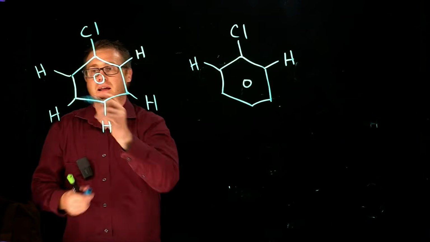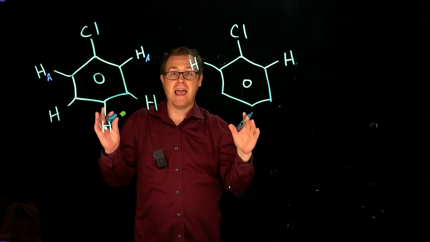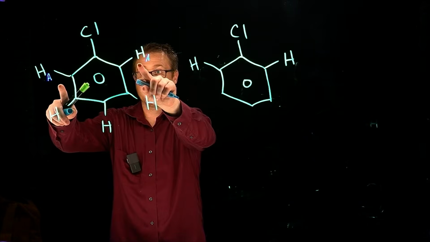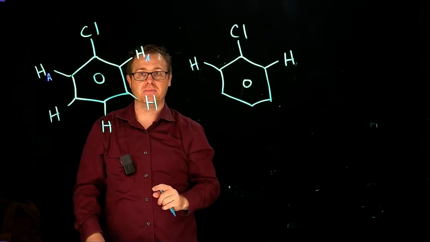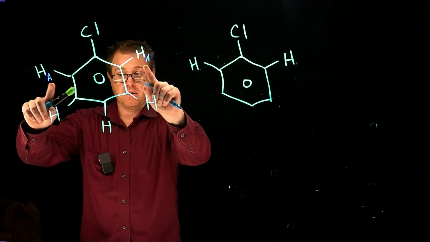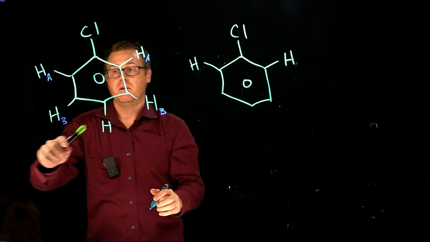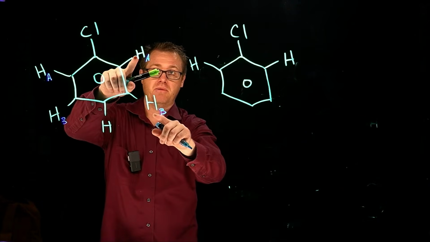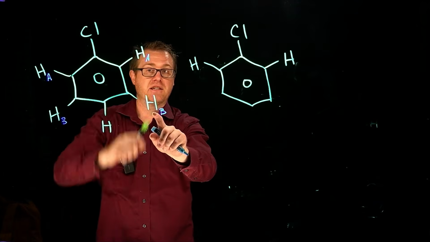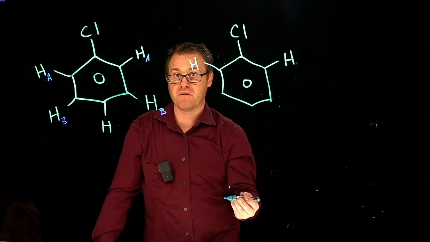So that would make this proton and this proton equivalent, so they're both HA, meaning these two protons are going to give one signal. If those two are equivalent, then these two are equivalent as well. But what's the relationship between HA and HB? Well, they would be constitutional isomers because they have different connectivity.